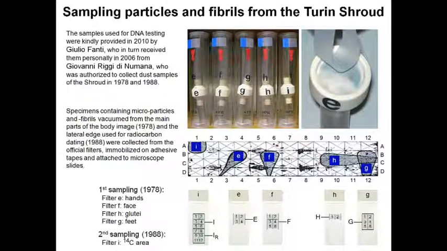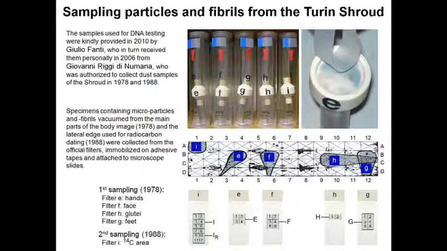A few words on the samples we have used for DNA testing. Those samples were provided by Giulio Fanti in 2010, who in turn received them personally in 2006 from Giovanni Riggi di Numana, the one who was authorized to collect samples of the shroud in 1978 and 1988.